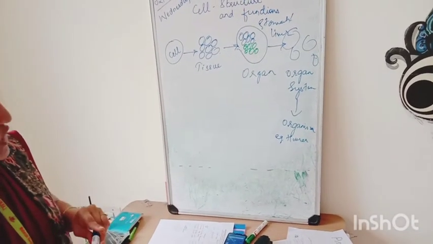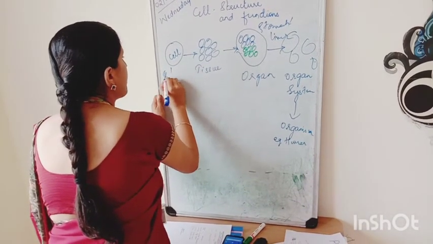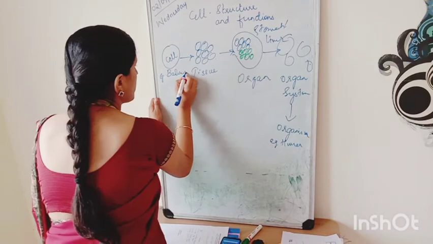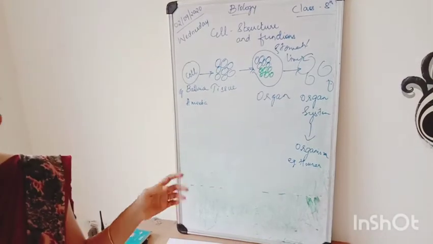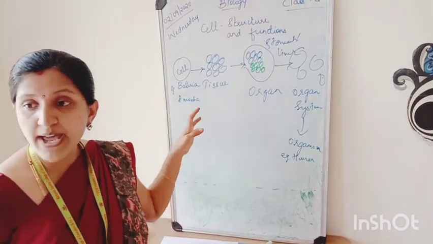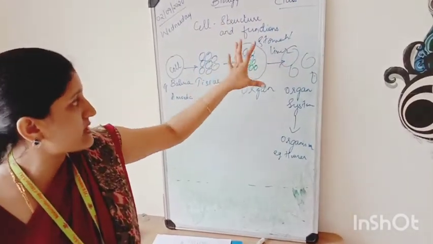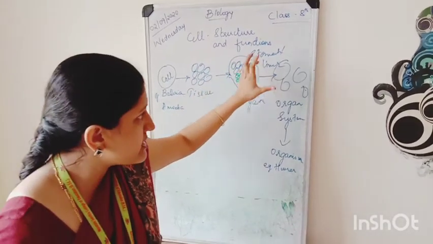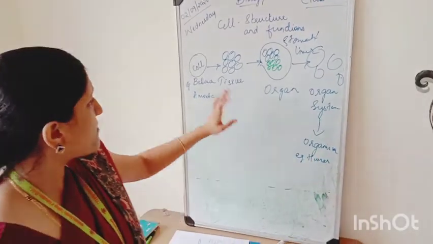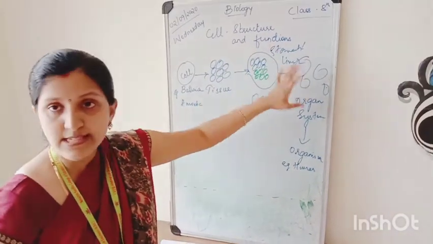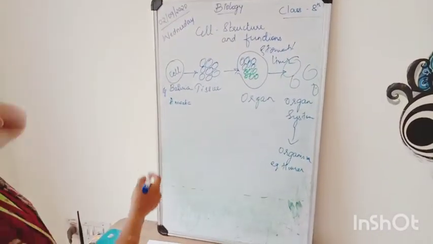Then in the case of a unicellular organism, for example bacteria or amoeba, the single cell itself can perform all the functions, whereas in human beings, all these tissues, organs and organ systems together perform multiple functions, because here the cell and tissue differentiation is well developed, whereas in bacteria or amoeba it is not.